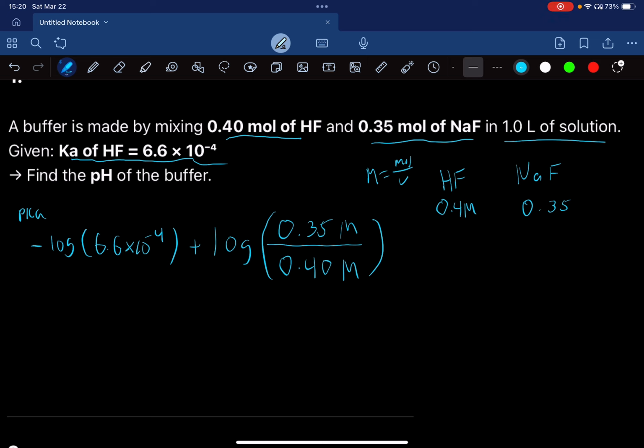So we have negative log of 6.6 times 10 to the power of negative 4 plus log of 0.35 divided by 0.4.